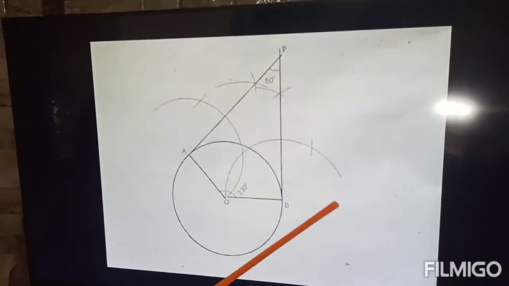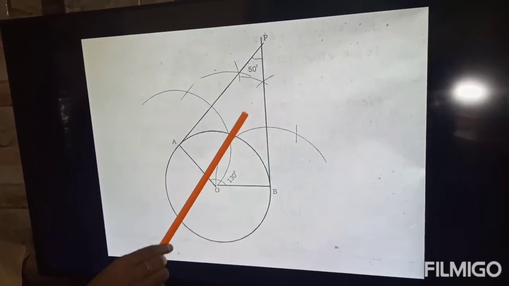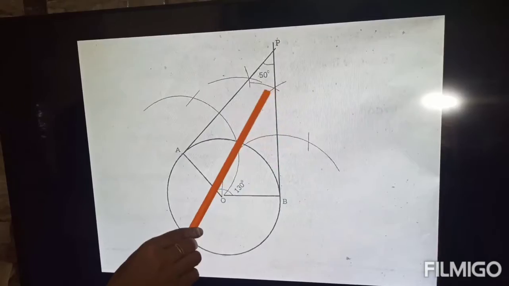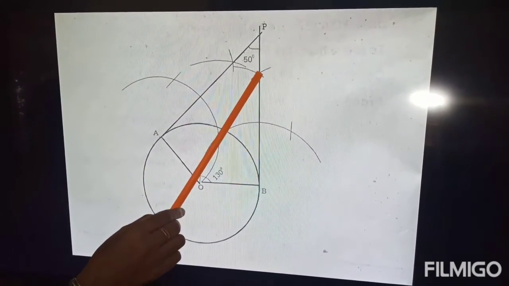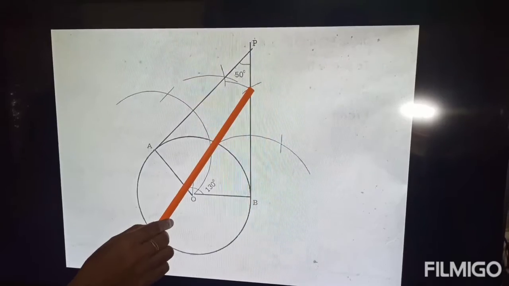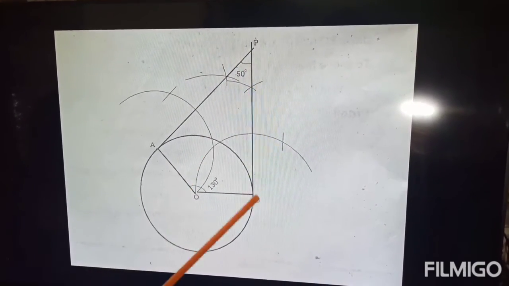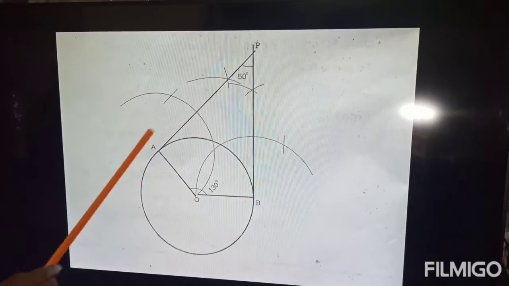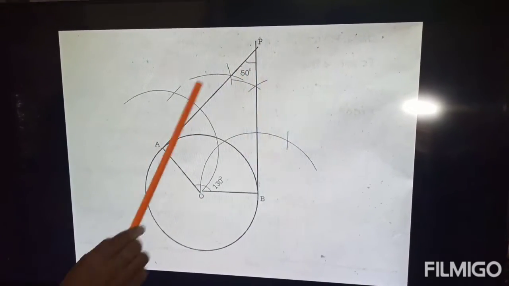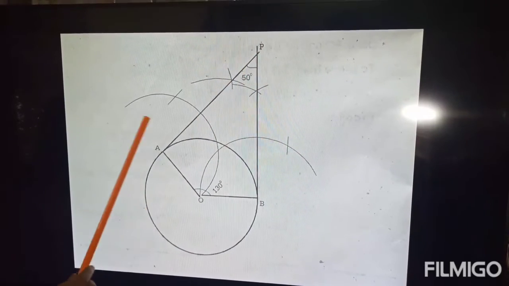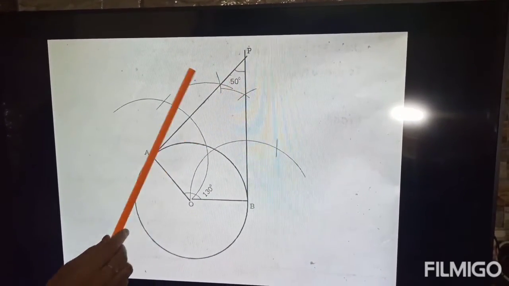First draw the semicircle and put two arcs with the same measurement, and from those two arcs, again they intersect at this point. We have to join that point to B. Okay, now these are the tangents. AP and BP are the required tangents inclined at an angle of 50 degrees.